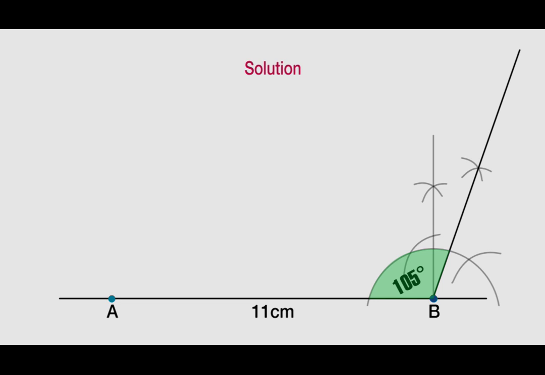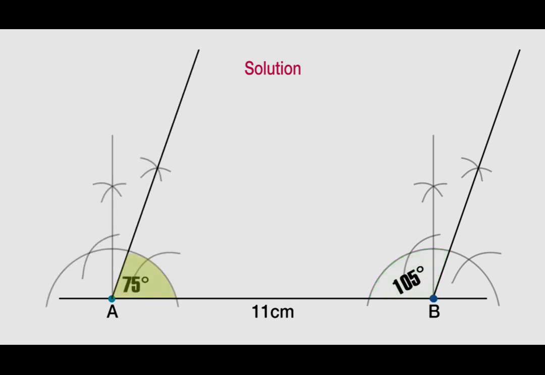Now, since the length BC is parallel to the length AD, we construct angle 75 degrees at A. That is from the properties of parallel lines, co-interior angles add up to 180 degrees. We then indicate D, which is 7.5 centimeters from A.